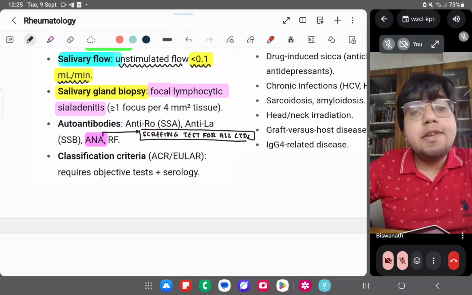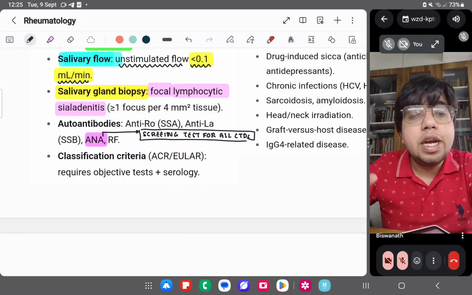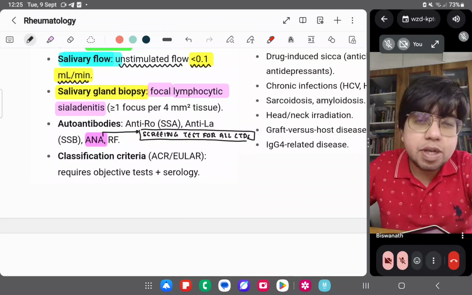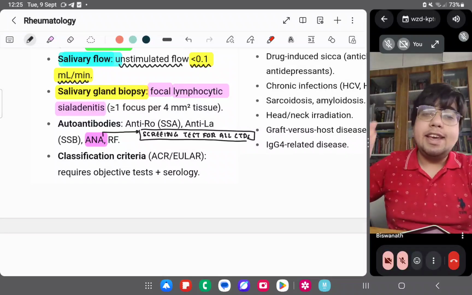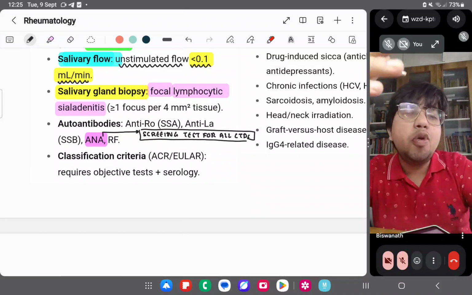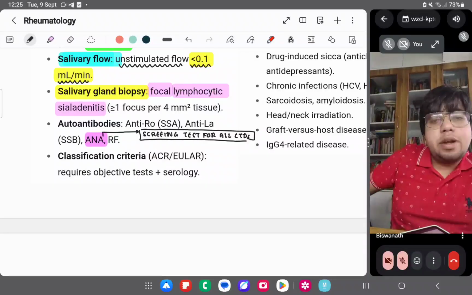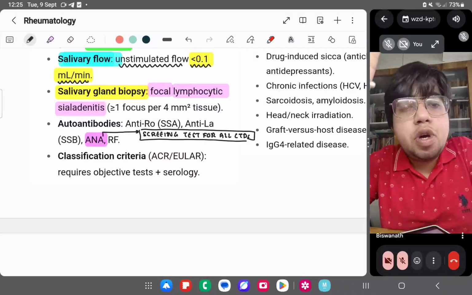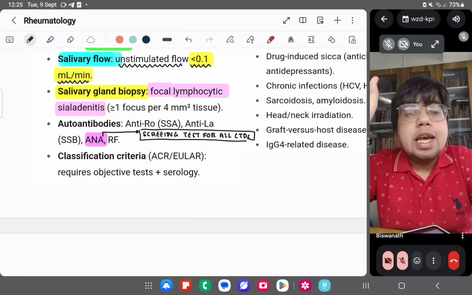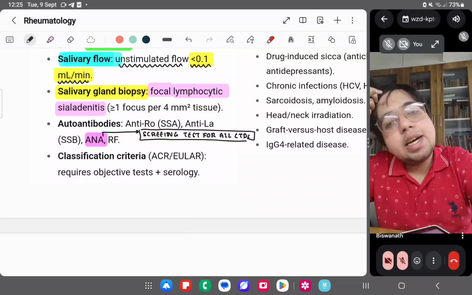It is positive in about 70 to 80%, or you can say 85% of people with Sjogren's. But ANA negative people are also there. Whenever you suspect a disorder, first ANA is done. If ANA is positive, then fine, Sjogren's. In 15% of patients with Sjogren's, ANA comes negative.